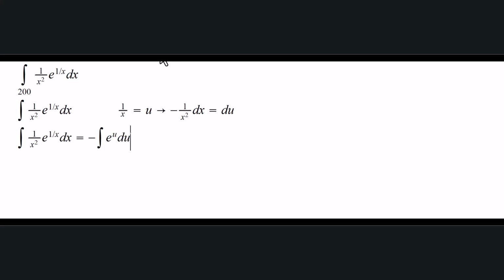That is simply e to the u, so this is negative e to the u, or in other words, it is simply negative e to the 1 over x. I don't know why I'm becoming so lazy, I don't even have to write much anymore. So here we got e to the 1 over x.